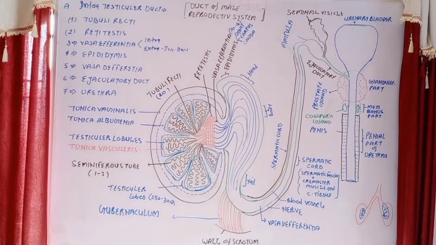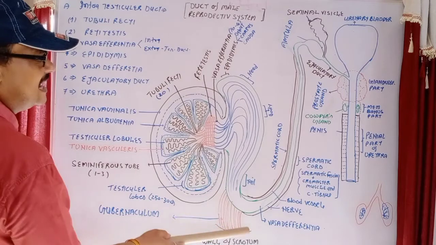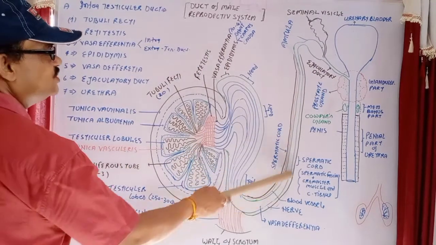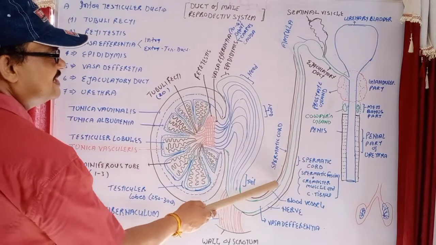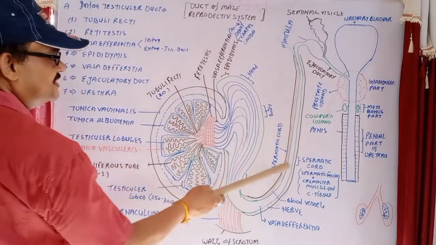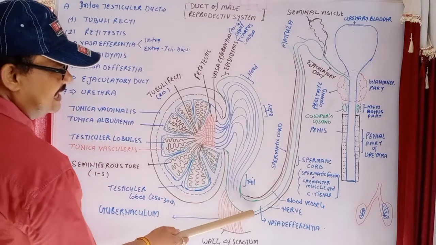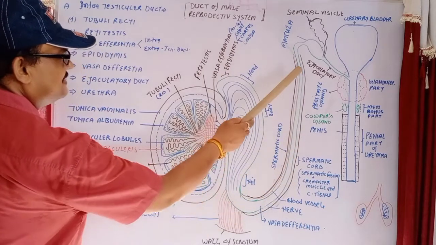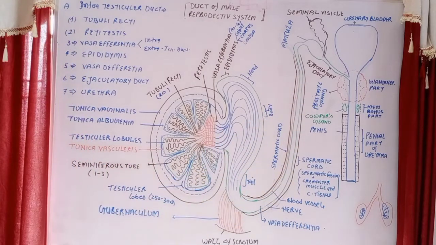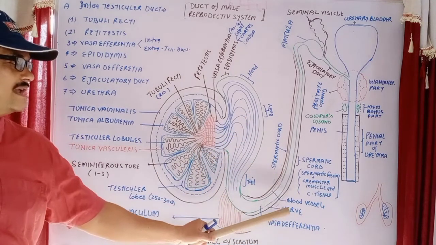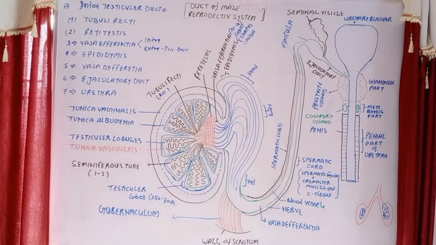But inside the spermatic cord, only the vas deferens is not found, because this is a living tube. So blood vessels are present which supply the blood, and nerves are also present. It means inside the spermatic cord there are not only the vas deferens but also nerves and blood vessels.